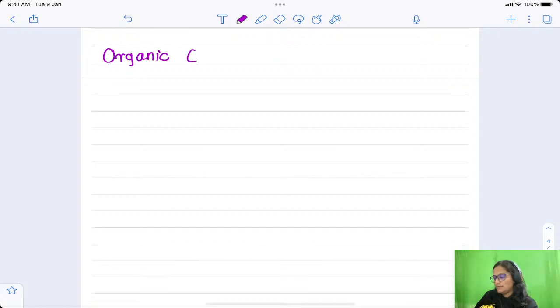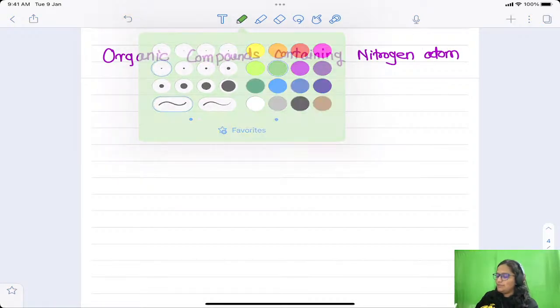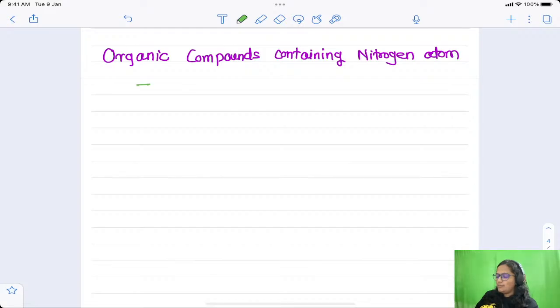Organic compounds containing nitrogen atom. This is the title of the chapter, and the title of the topic is isomerism in amines.